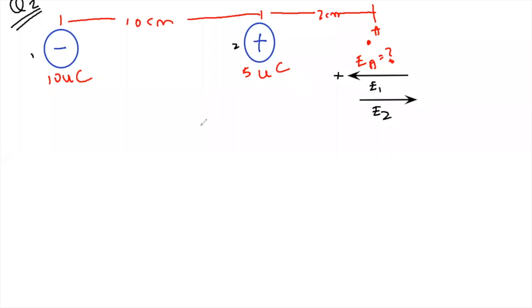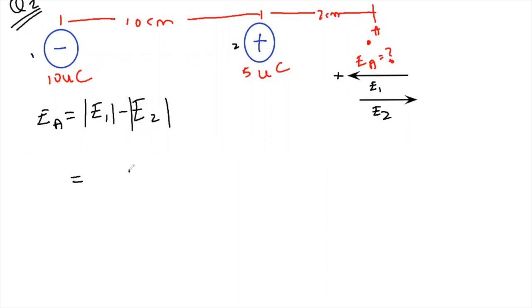Now, EA is going to be equal to the difference in the magnitudes of these two electric fields. So E1 minus E2. All right, let's find E1. E1 is, I believe, going to be the same as last time.